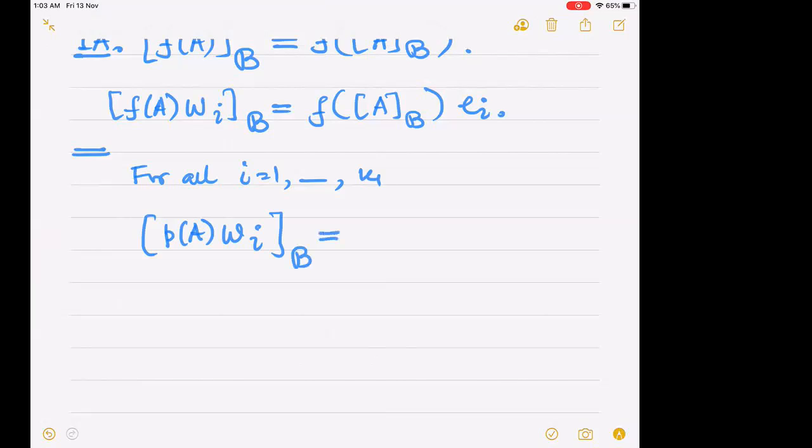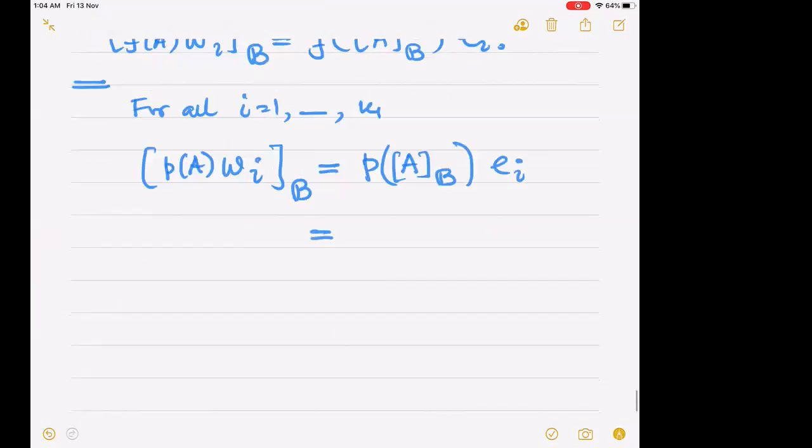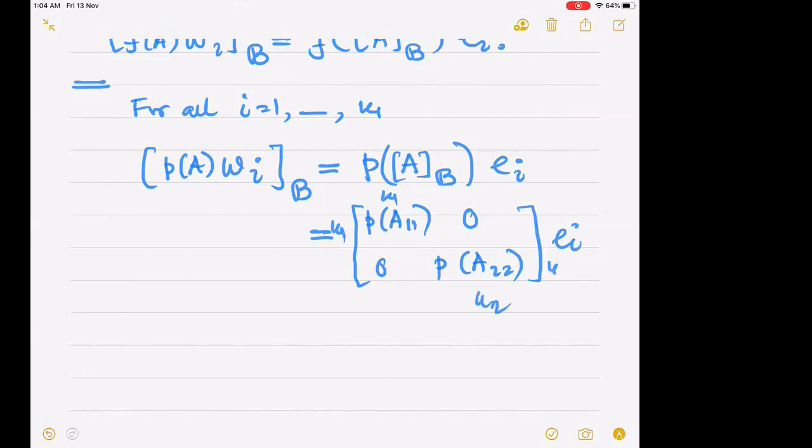My formula tells me that this should be P(A_B) E_I. What is this? Because A is block diagonal, this is nothing but P(A11) 0 0 P(A22) E_I. And remember, this size is K1, this size is K1, this size is K2, this size is K2.